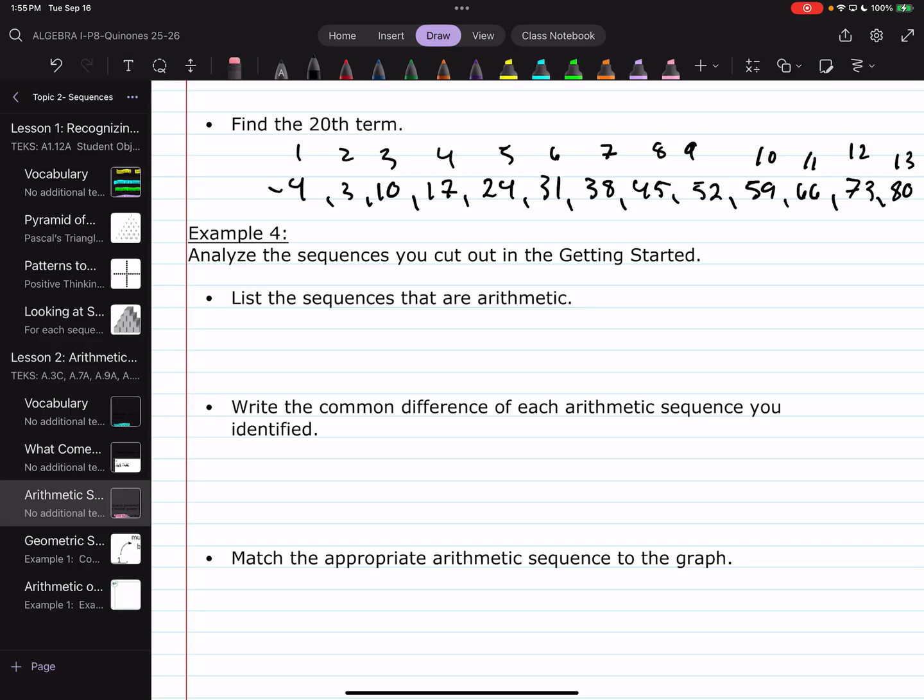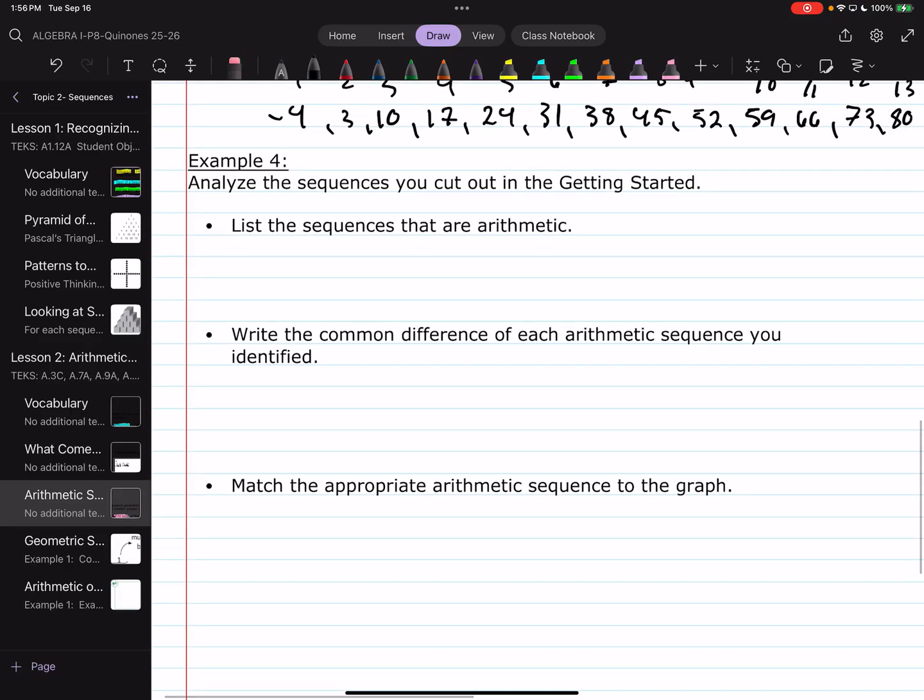And then Haley's group, you're the last one to share. We don't do graph 2, 5, and 6. We're only matching arithmetic sequences with their graph. That's all we're doing right now.